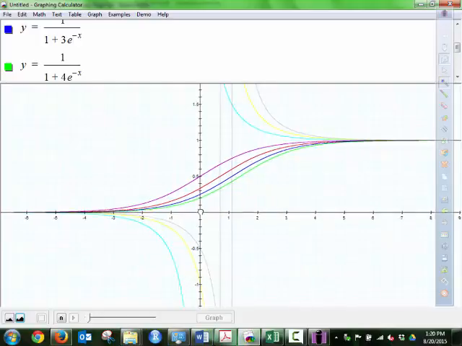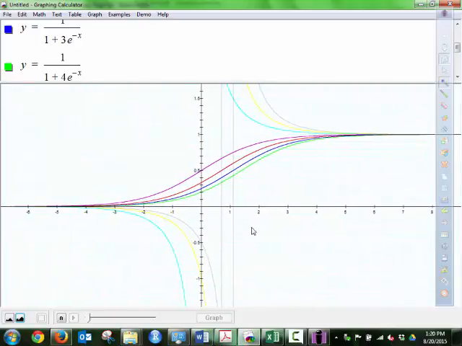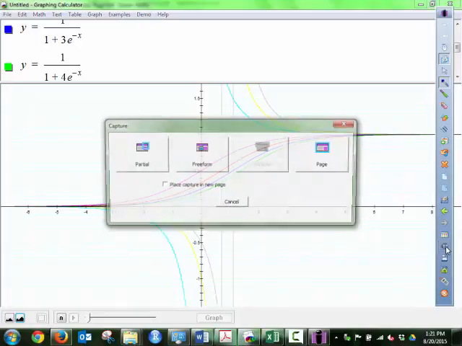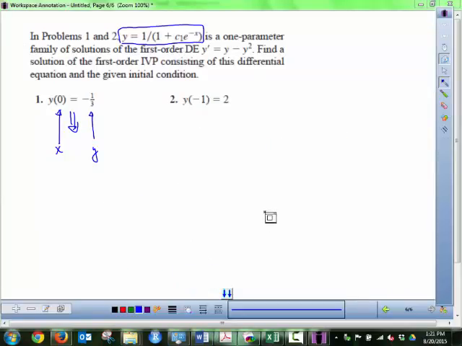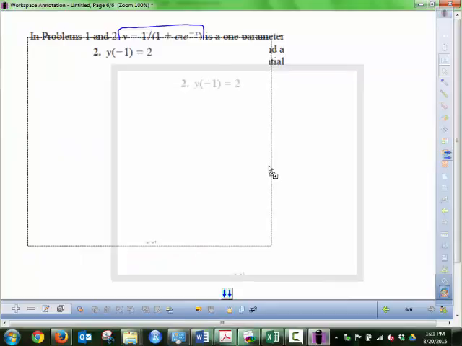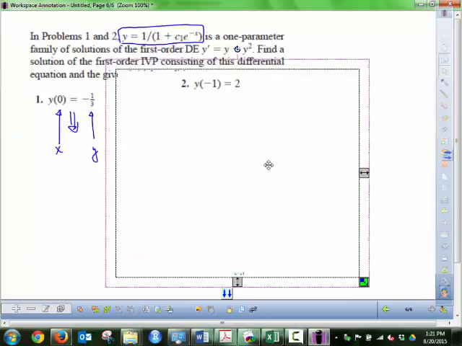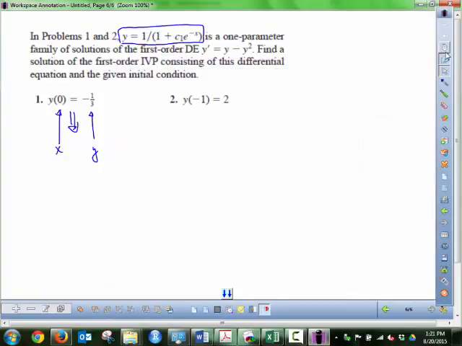So aside from being cool pictures, we can say that this looks like a family of solutions, a one parameter family of solutions. That's so cool. Let's take a picture of it and put it in our notes. Okay, that didn't work. Let's try it again.